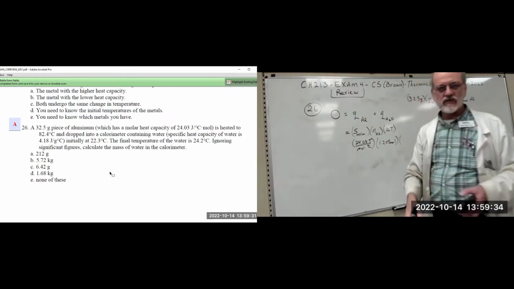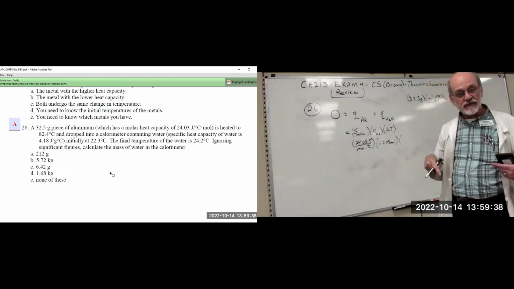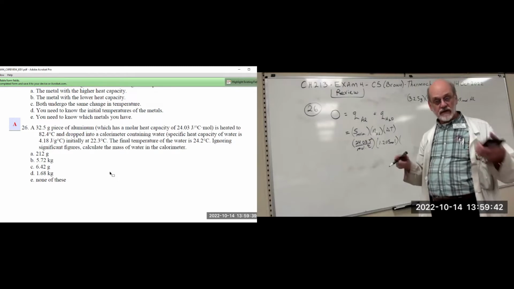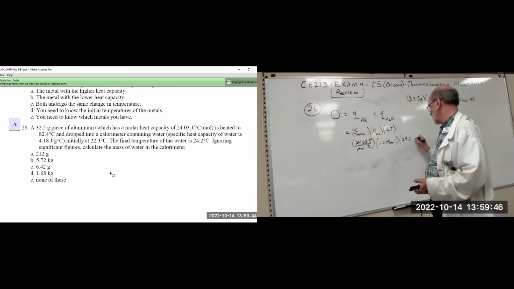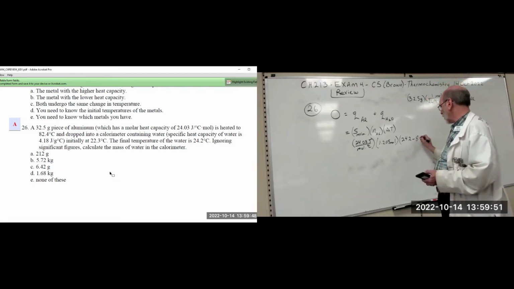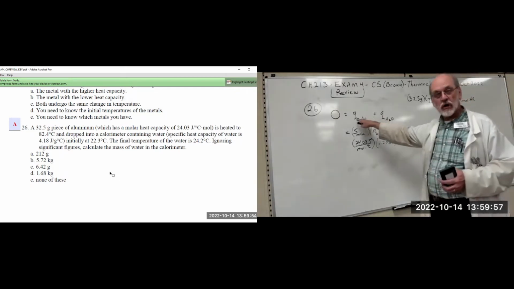What's the temperature change? Final minus initial. What's the final temperature? It's the temperature of the water at the end of the experiment, 24.2 degrees. What was the initial temperature of the aluminum? 82.4. Okay, that's the aluminum term for heat.